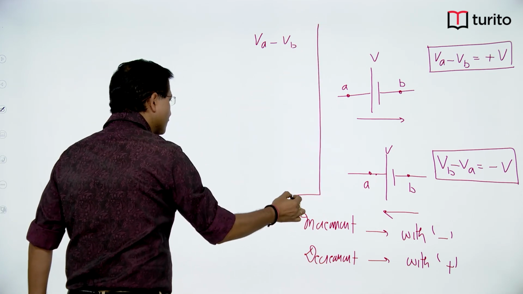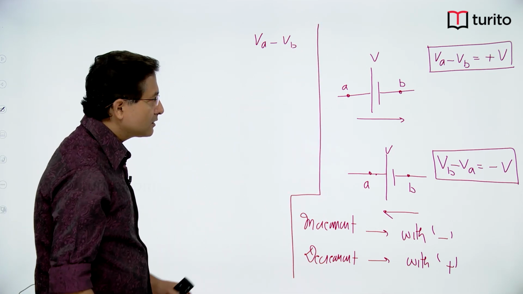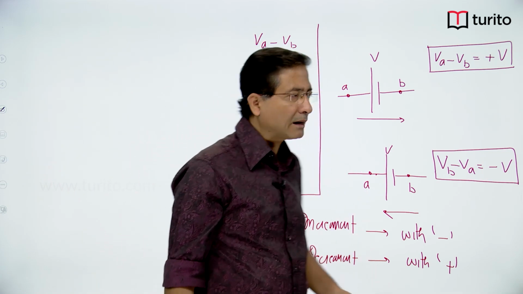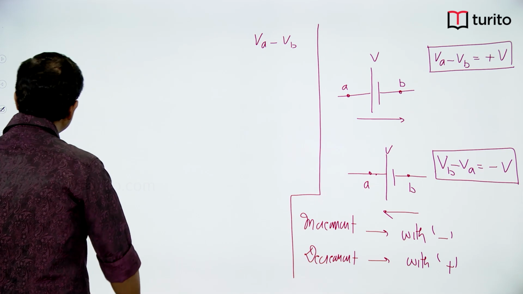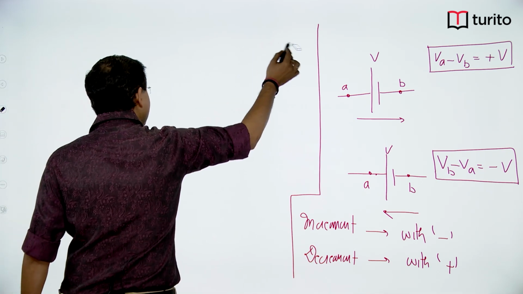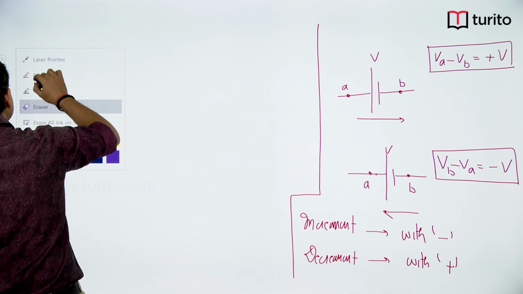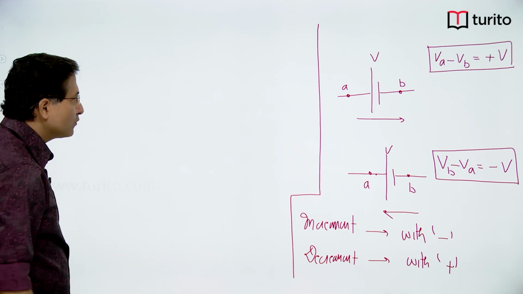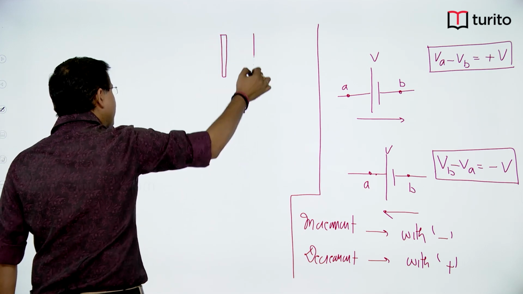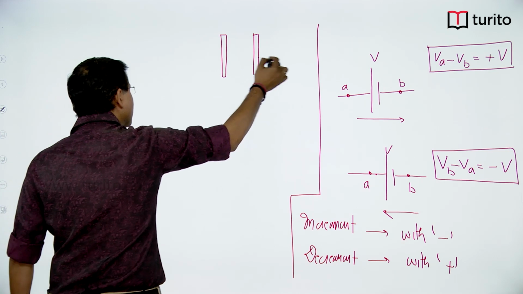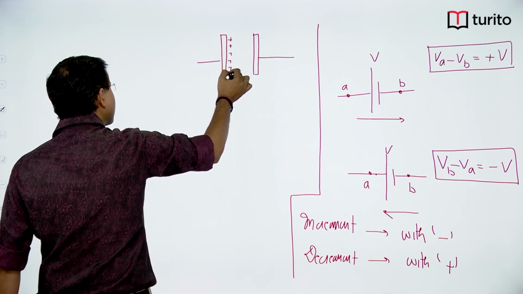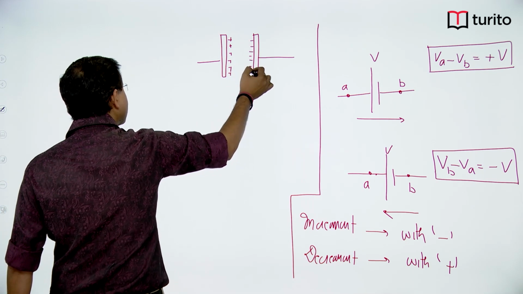This is for the cell. So, in this chapter we will be frequently dealing with cells and capacitors. Let us see what happens when we have a capacitor as the circuit element. So, if I take the circuit element as a capacitor, and say this is the positively charged plate and this one is the negatively charged plate, right.